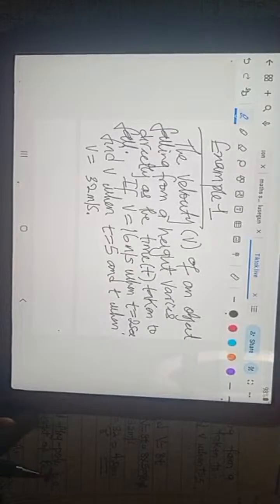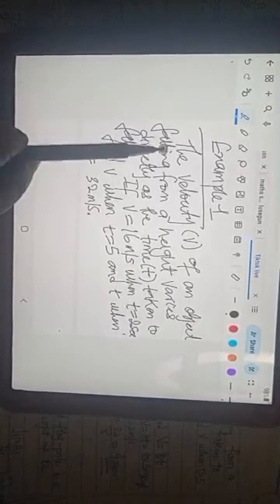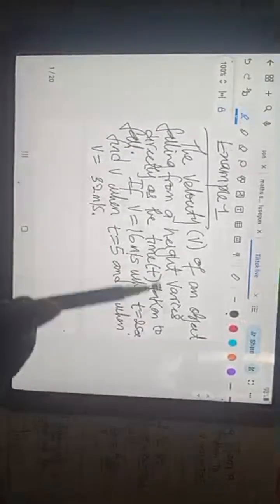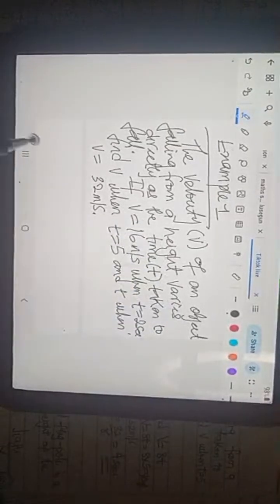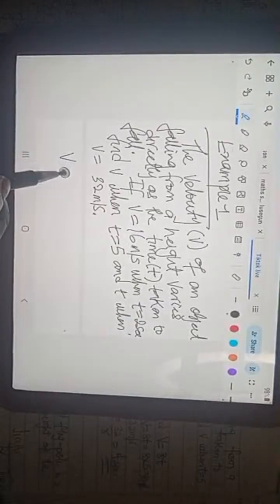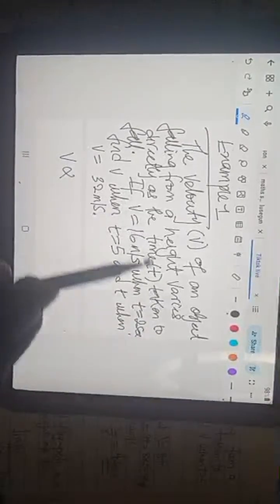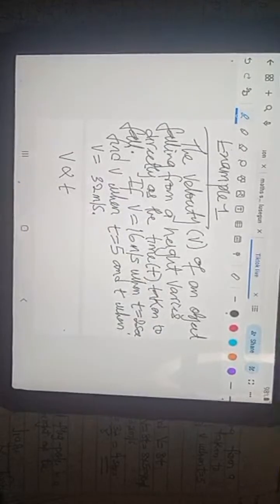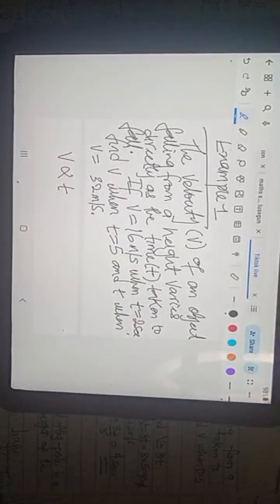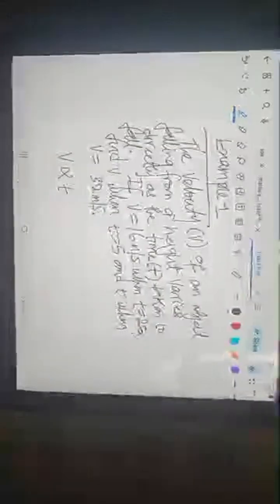So in solving this question, the first thing is that the velocity v of an object falling from a height varies directly as time t.